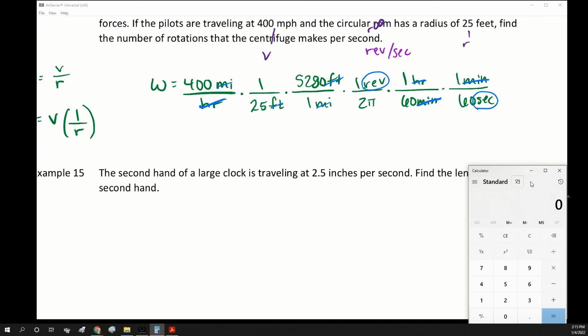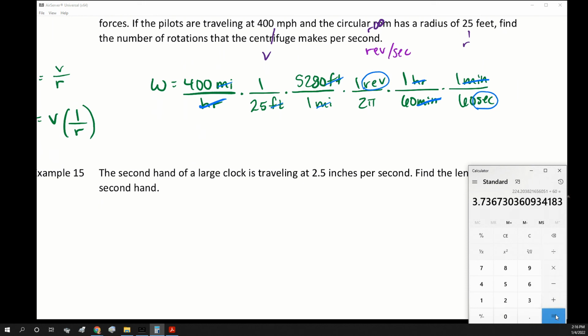Okay, so here we go. Let's see how we do. Anything in the numerator, we multiply by. Anything in the denominator, we divide by. Now we're going to divide by 2, and then we're going to divide by pi. Might be better if we just do 2 pi or 6.28 there.